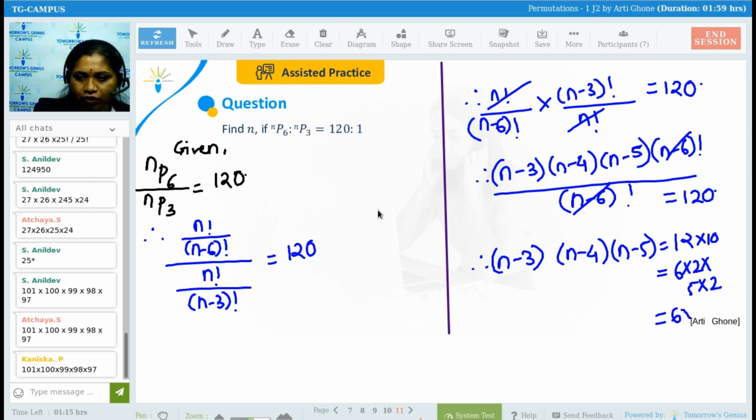So, it is 6 into 5 into 4. Clear? n minus 3 is the biggest one and n minus 5 is the smallest one. You must understand this concept, then only it will be clear to everyone. Solve and tell me the value of n.